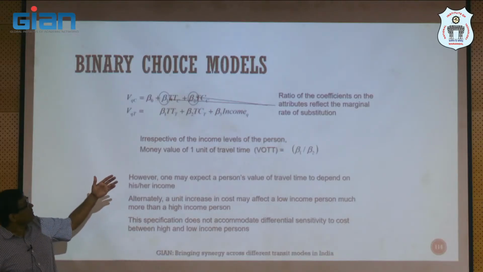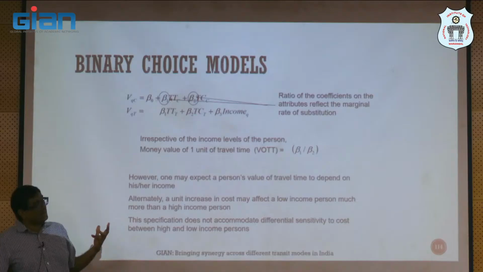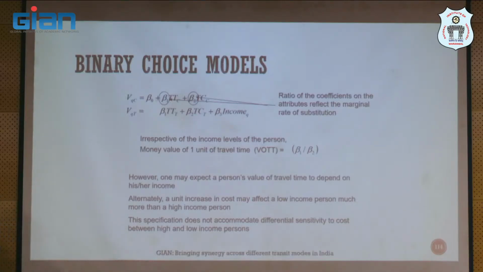So there's a way we can do that. Instead of focusing on total cost, we can identify how the cost relates to income. Okay? So 200 rupees for a person making 12,000 a month is different than for a person making 1 lakh per month, right?